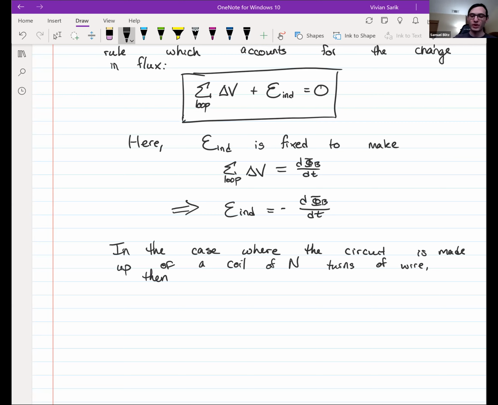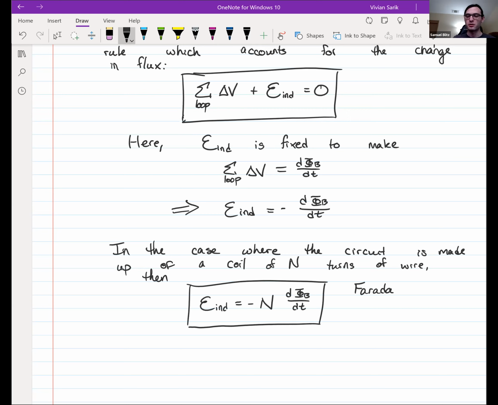And so the induced EMF when you have n turns is negative n times d phi B dt. This equation I will put a box around, because this is known as Faraday's law.